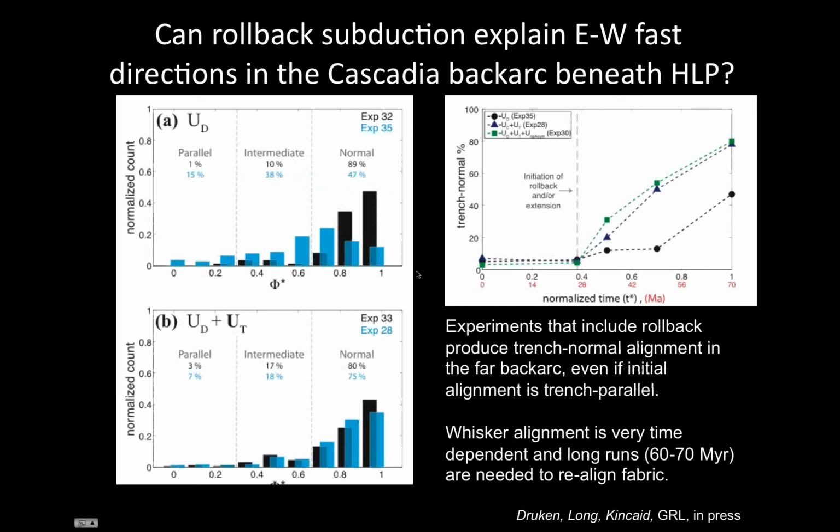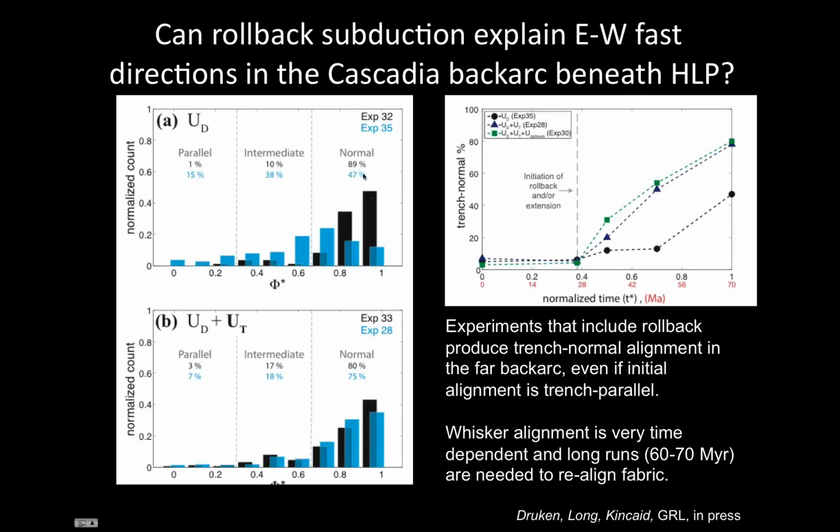So these are some of Kelsey's experimental results. What's being shown here on the left, the top panel, these are for experiments that only have a down dip component of motion, so just basic down dip subduction. So in experiment 32, in the black one, these were cases where most of the whiskers were initially aligned normal to the trench.